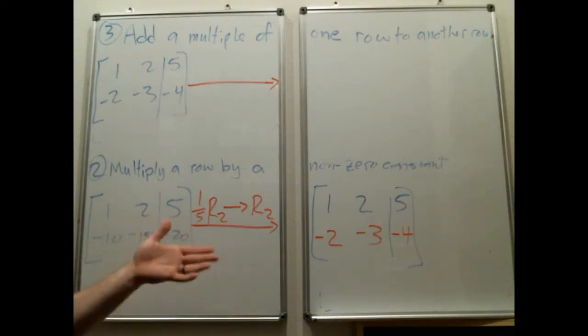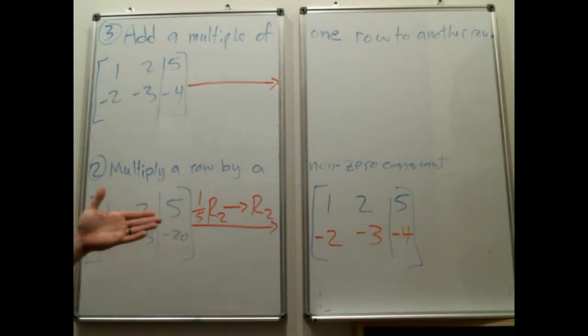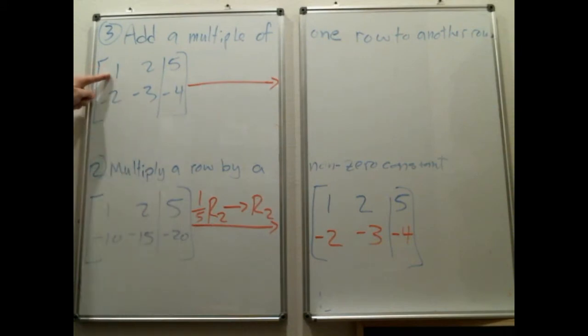So the first step is obviously setting up the matrix. The next step was to get a 1 in the top left corner, which we did. And then once you get a 1 in the top left corner, you want to make all the entries below that 1 a 0. So the only entry below this 1 is this negative 2. So we have to make this negative 2 a 0 somehow.